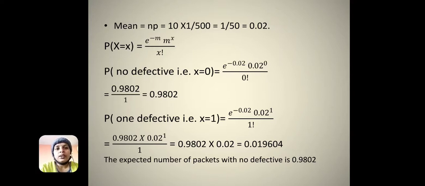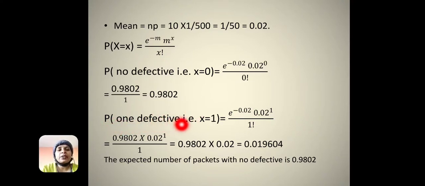The e power minus 0.02 value is 0.9802, 0.02 to the power of 0 is 1, and 0 factorial is also 1. So the answer is 0.9802.